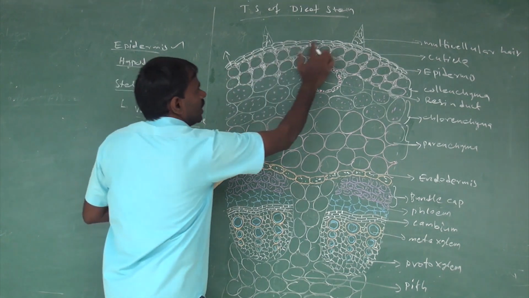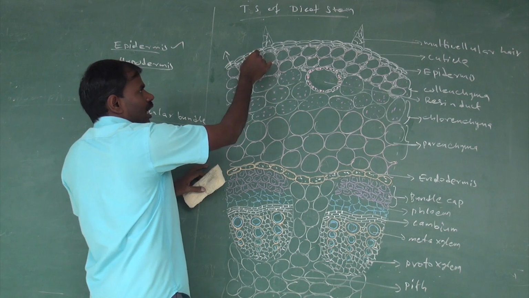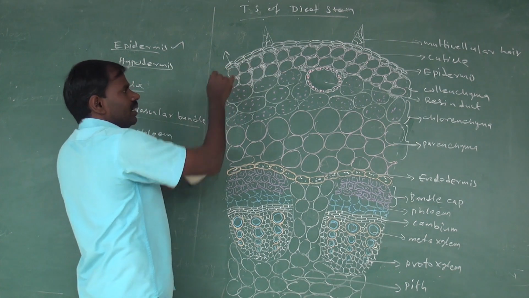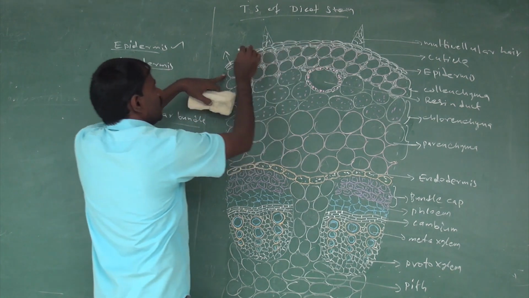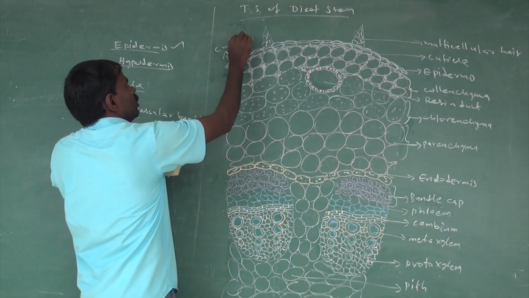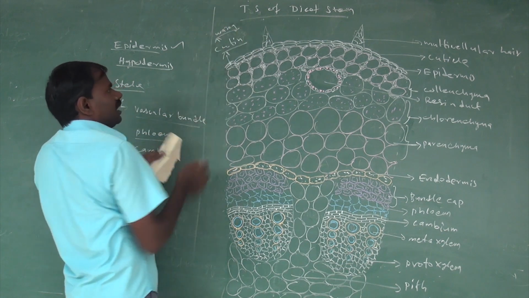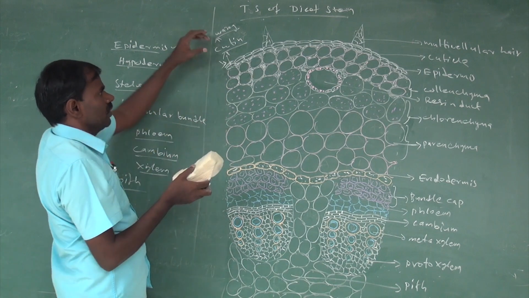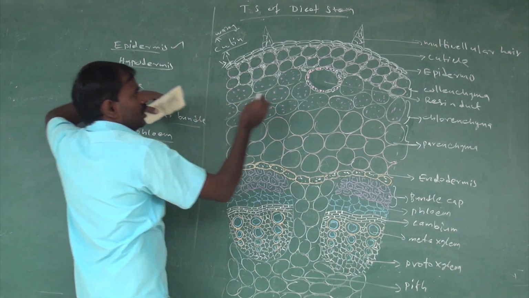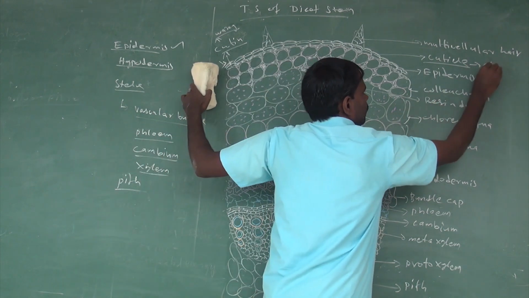It is covered by a thick cuticular layer made up of waxy substances. What is the function of the cuticular layer? It checks transpiration.